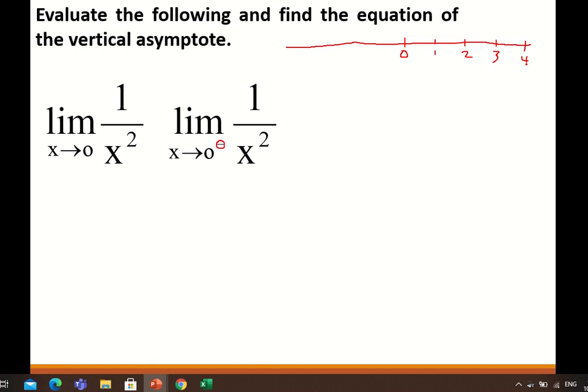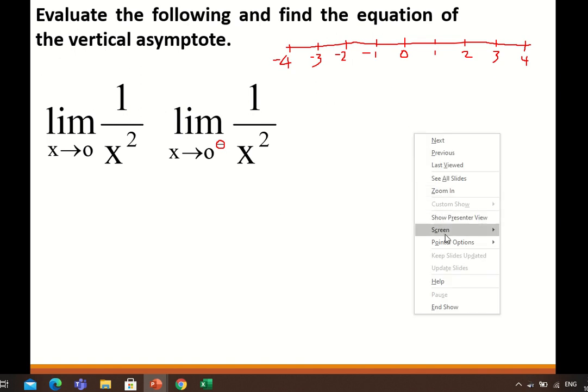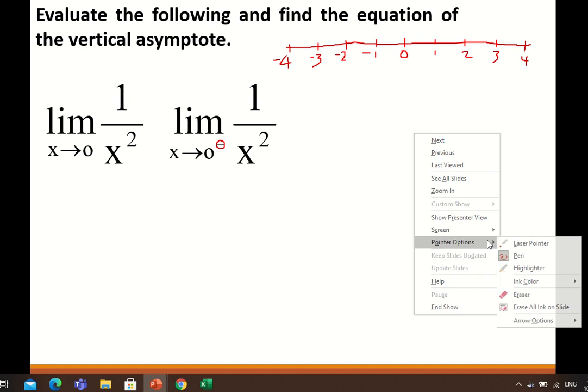And on the other side, we have negative 1, negative 2, negative 3, negative 4, and so on. Our reference here is c equal to 0.